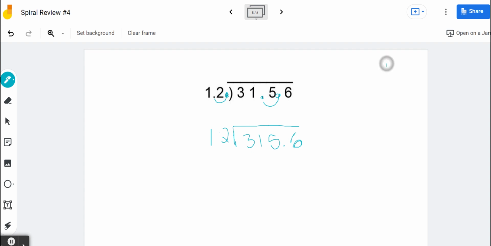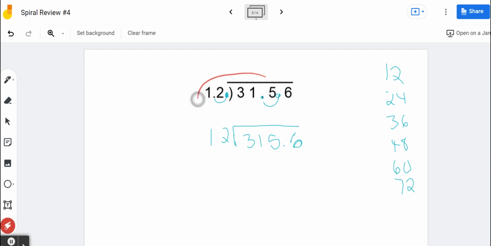Because now I can list my multiples of 12: 24, 36, 48, 60, 72, etc. You guys are generally pretty good with long division, so I'm going to stop here. I just wanted to restate that. Move the decimal once. That way this is a plain 12. But if you move this decimal once, you got to move this one once. I'll let you wrap that one up on your own as well.